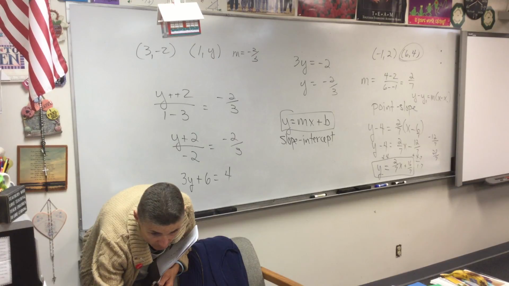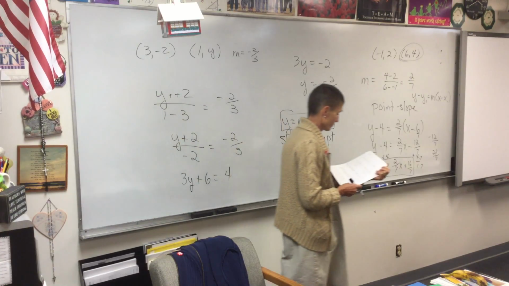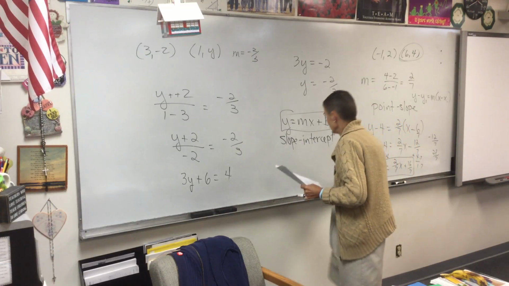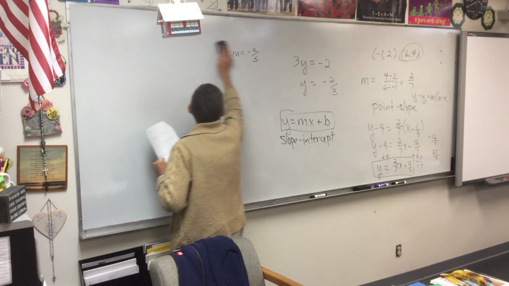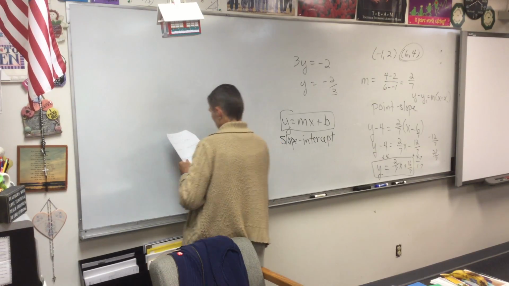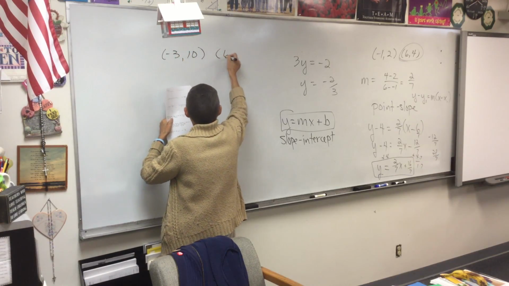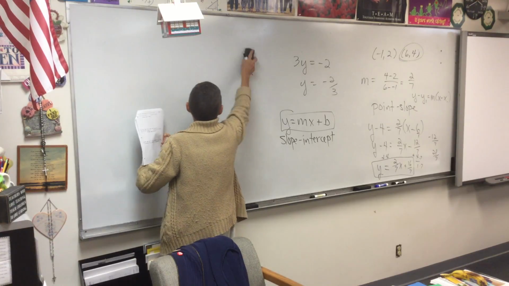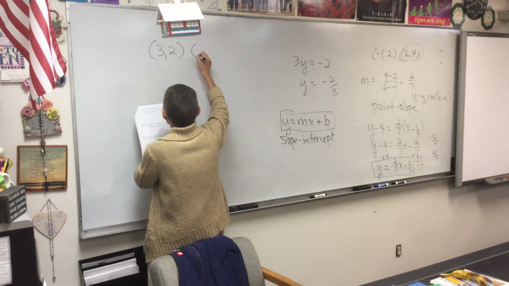Wait, which one do we do then? Oh, B. So y1 minus y2 over. I don't know how to do. Y minus 5 equals 3 over 2. That'd just be x minus x5. I'm not sure how you're all starting, but you all should be starting by finding the slope.